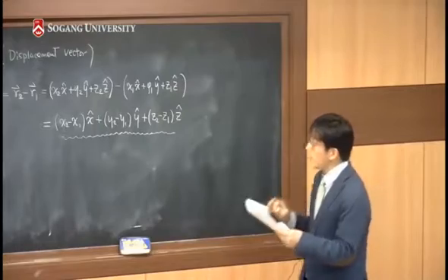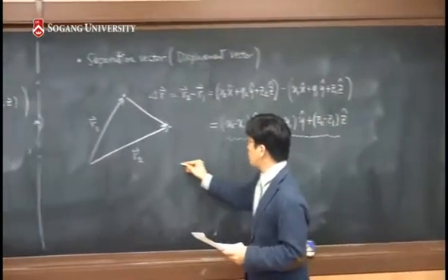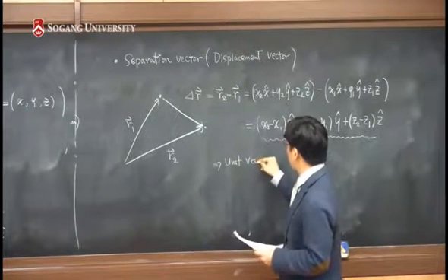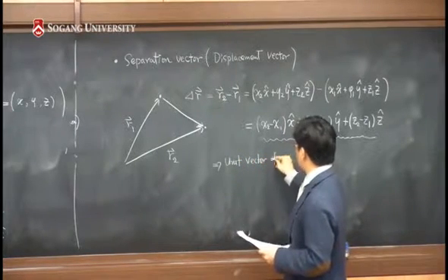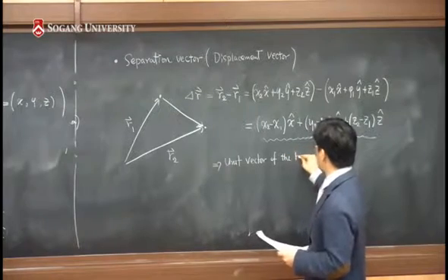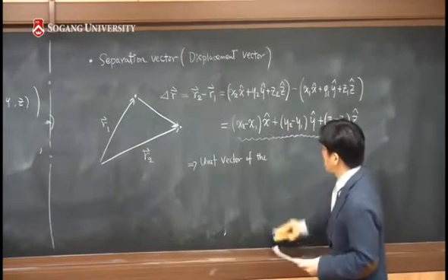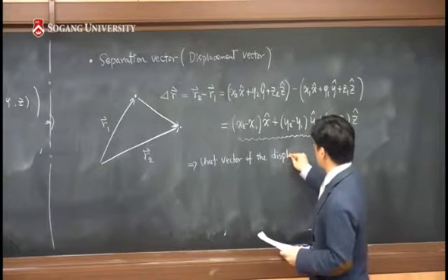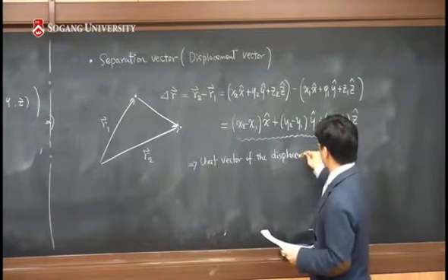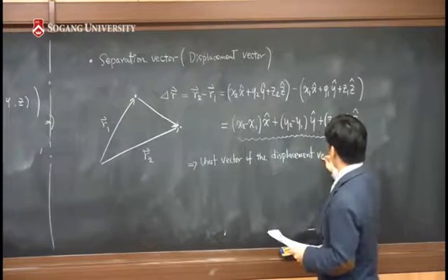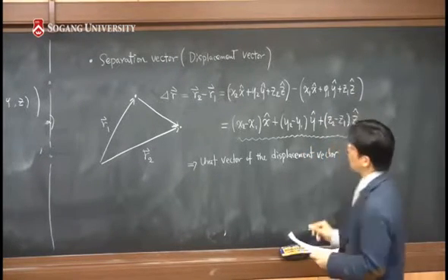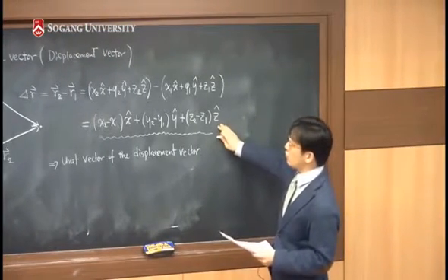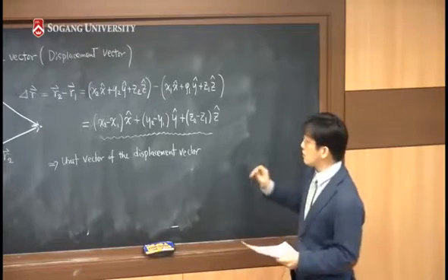So this is a component description of a displacement vector. And the unit vector of the displacement vector also can be obtained, which will be the unit vector of this given vector.